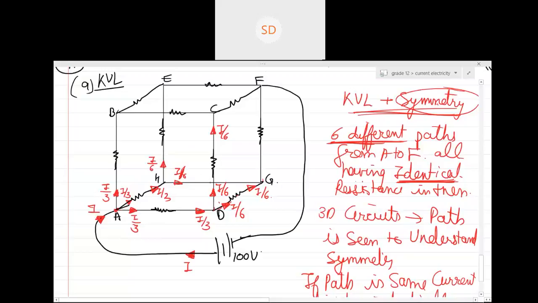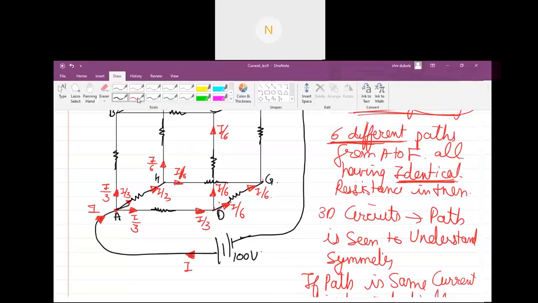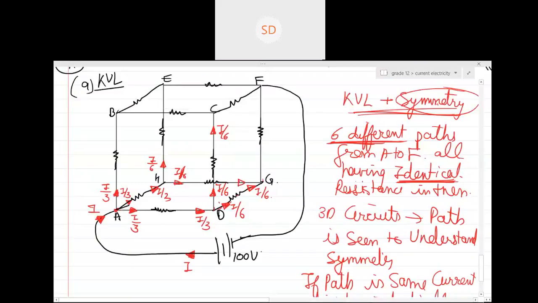This I by 6 passes through this resistance and goes over here. Can you see? This I by 6 passes through this resistance and comes over here.